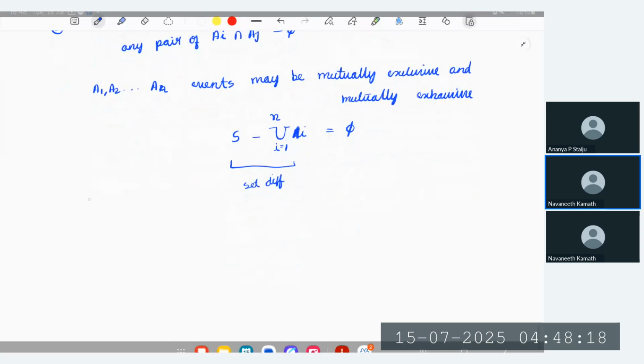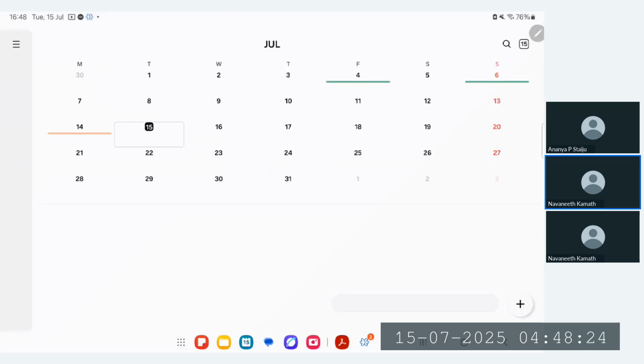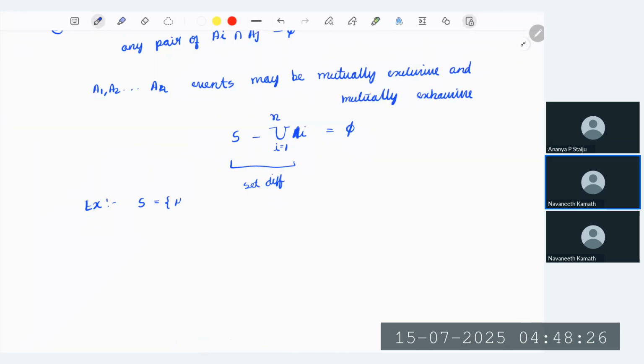Still, I'll give an example. I have the sample space equal to head and tail, for a coin toss a single time, and I take mutually exclusive events like A1 equal to just head, A2 equal to just tail. Are A1 and A2 mutually exclusive? Yes, because the intersection between these two is a null set.